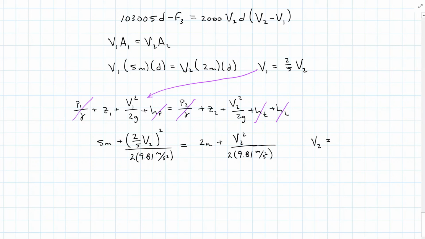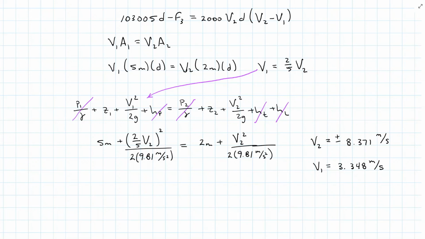So the elevation before the spillway and the elevation after the spillway are my Z elevations. Solving for V2, I get plus or minus 8.371 meters per second. Plugging that back into my relationship with continuity, I have V1 is equal to 3.348 meters per second. I'm just using the positive value because we don't want a negative velocity.